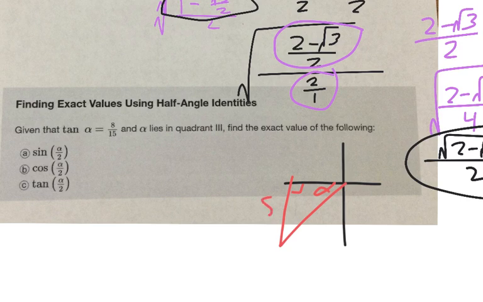Tangent is the opposite over the adjacent. I can find the missing side using the Pythagorean theorem. My guess is it's 17, but I don't know that for sure. 8 squared plus 15 squared, the square root of that is 17. So that's an 8, 15, 17.